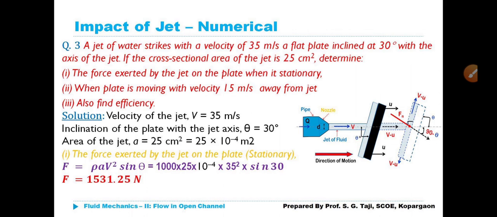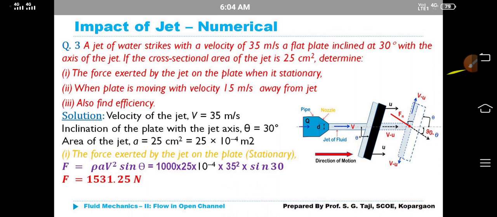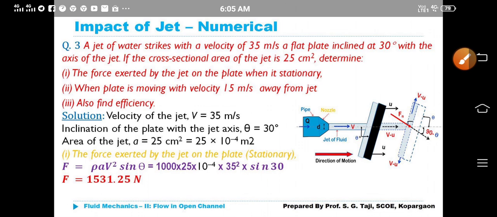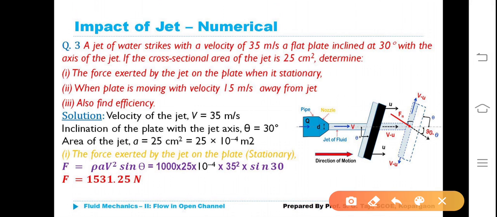Okay. In the last class, we have studied in detail about flat plate held normal, held inclined, and flat plate held normal but moving, and also, as shown in the figure, the flat plate held inclined and moving.